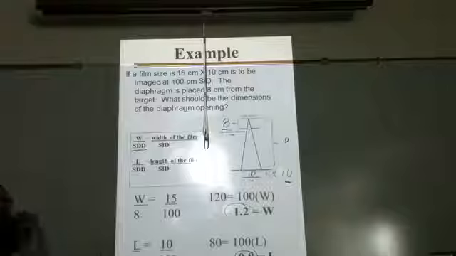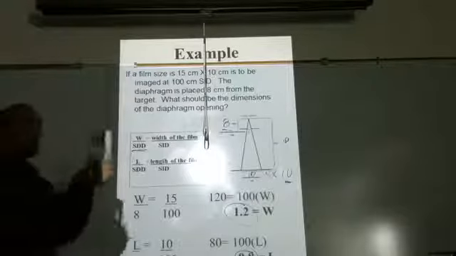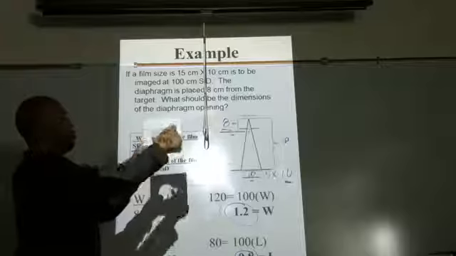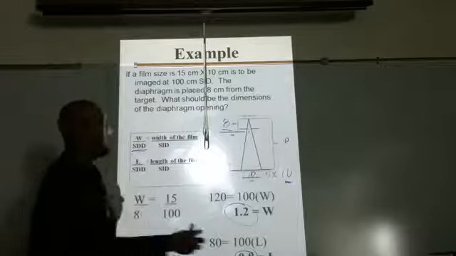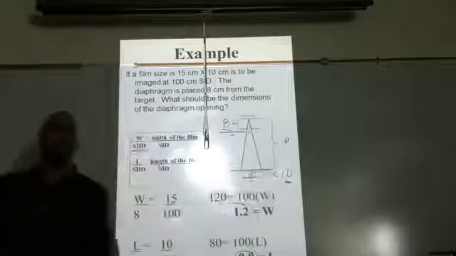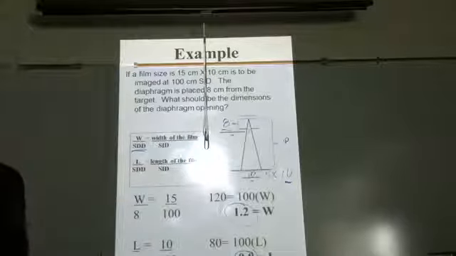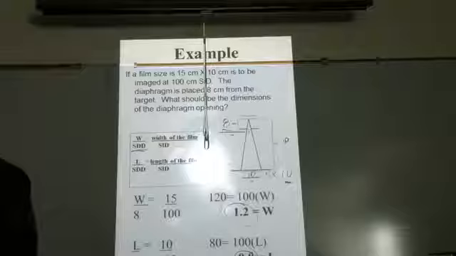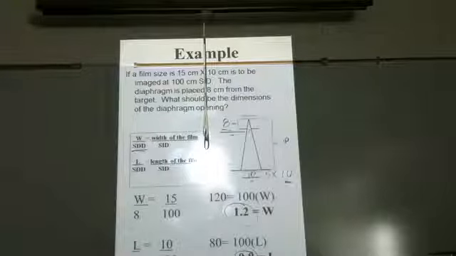What that's saying there is my window, if it was square, is going to be 1.2 by 0.8 to give me a beam size of 15 by 10 when it is placed 8 centimeters away from my source. Okay?